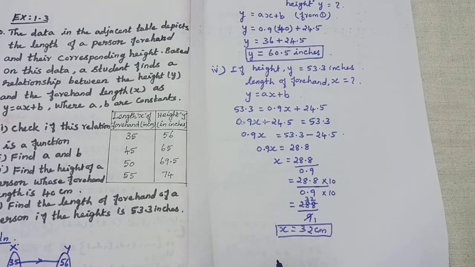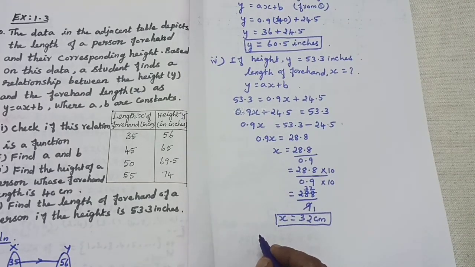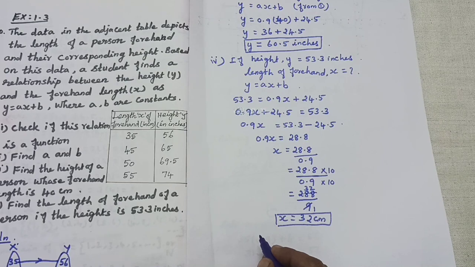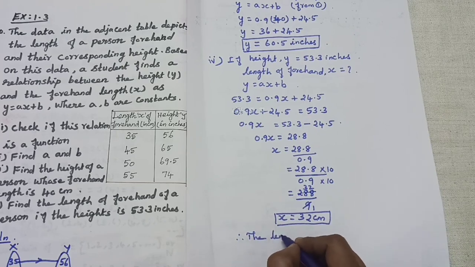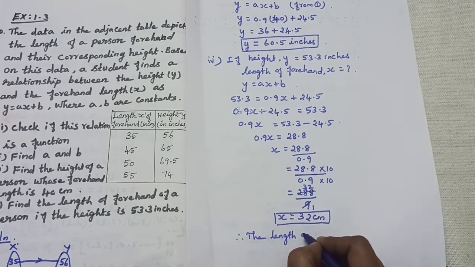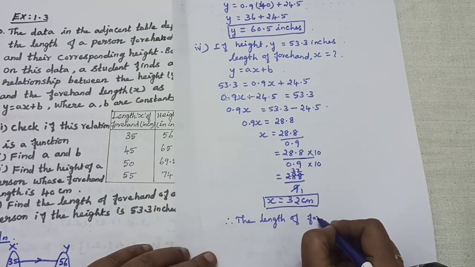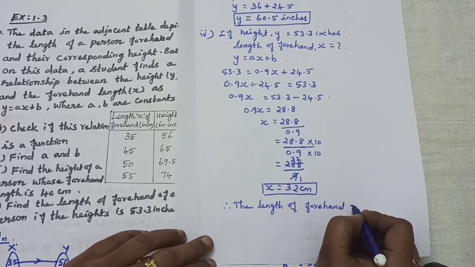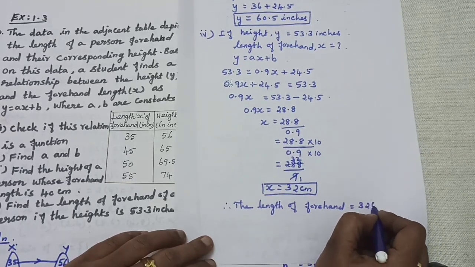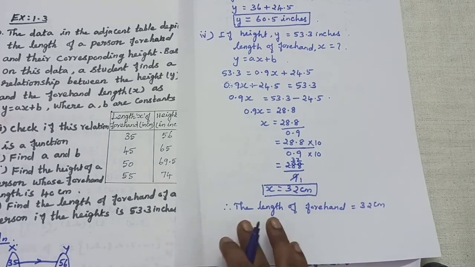Have you understood? Therefore, at once how we can write: the length of the forehand is equal to 32 centimeter. Any doubt?